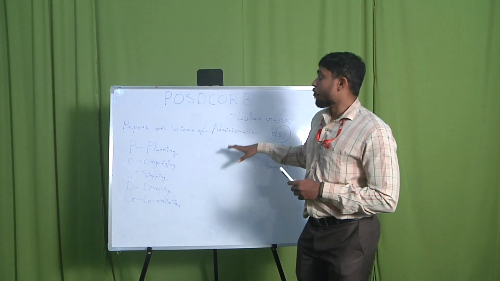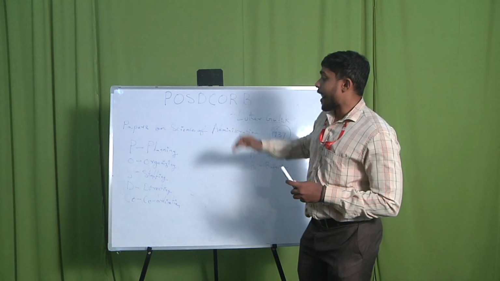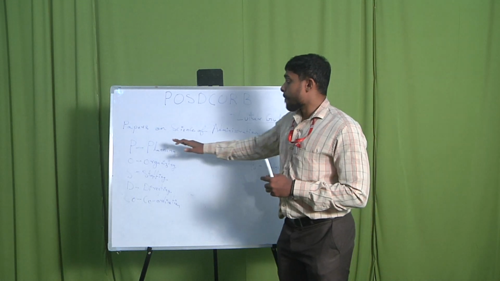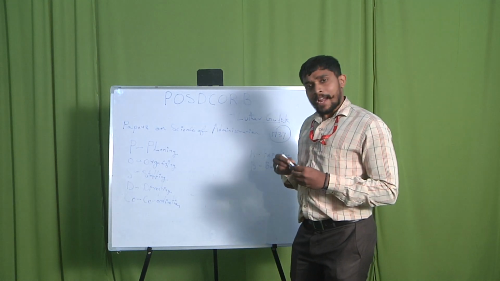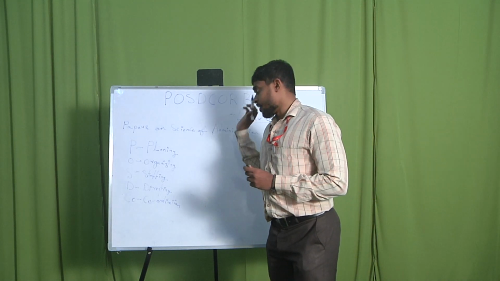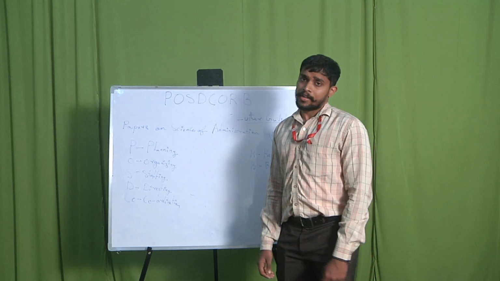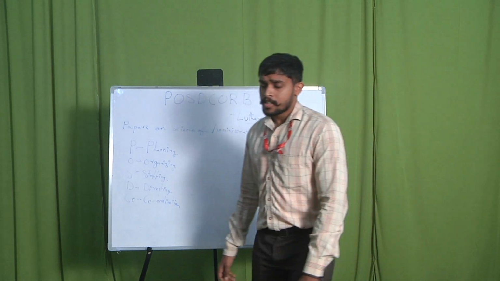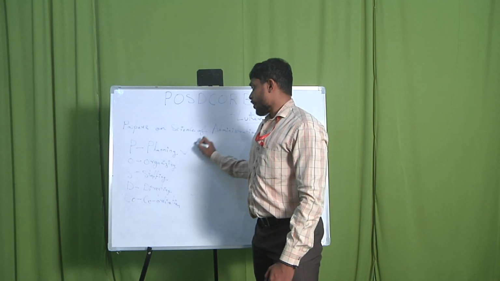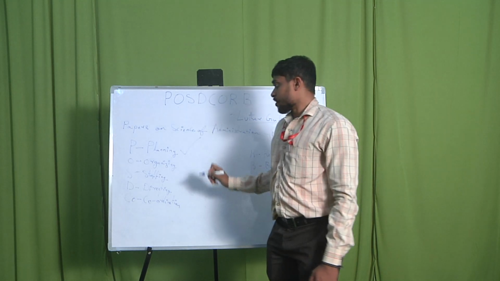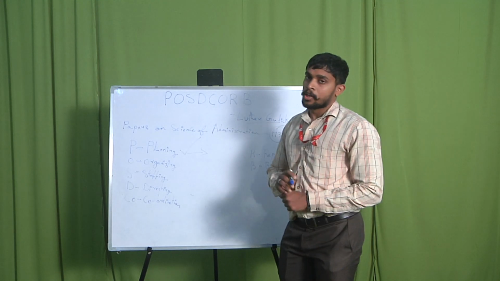Now we will see what is meant by POSDCORB. POSDCORB has a derivation: P for planning. Whether it is a private organization or a government organization, planning is compulsorily required.